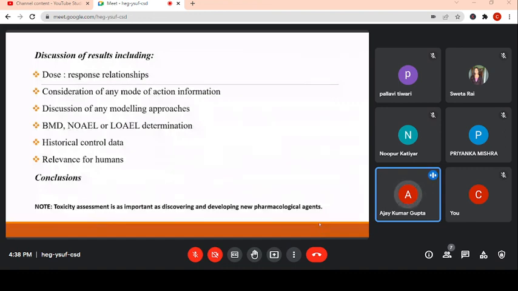So whatever the applicable things are, that should be included in the discussion, and on the basis of the result and discussion, a final conclusion has to be made. This is the detailed method of the most descriptive study, chronic toxicity, OECD 450.